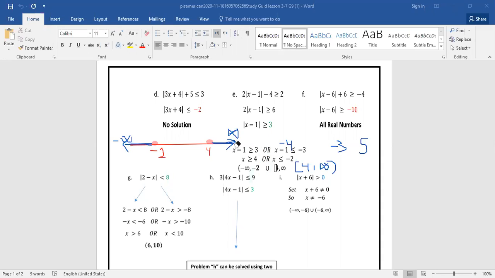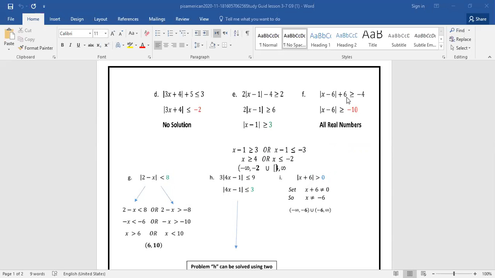Let's move to the next question. We said if it's bigger than, we have to divide our answer into two parts. What about if we have this inequality? Absolute value x minus 6 plus 6 more than or equal -4.